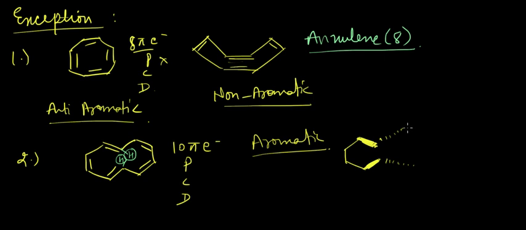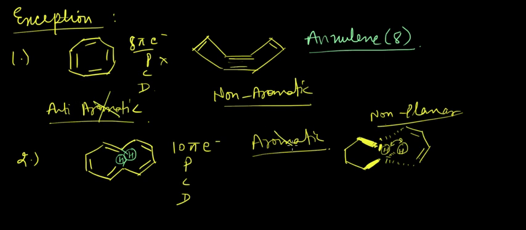So this is how the compound is formed in a real way, so that the hydrogen atoms here and here are separated from each other. Hence it is not a planar compound, that's why it is non-aromatic instead of aromatic.